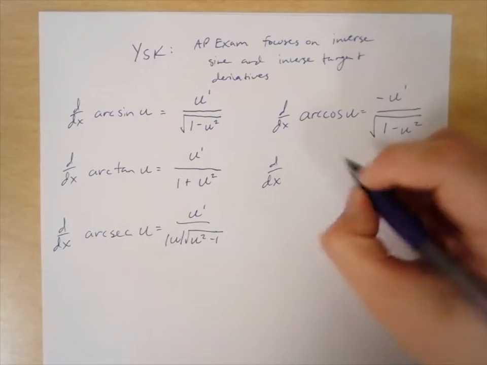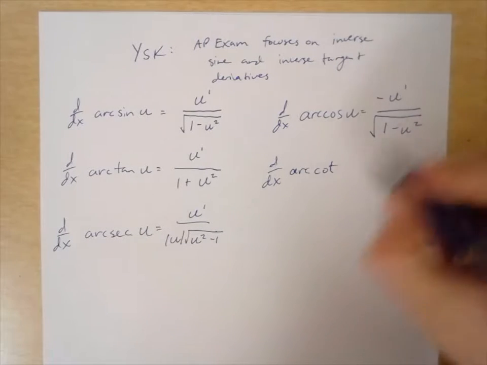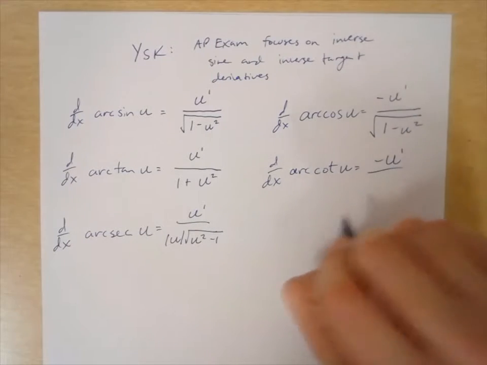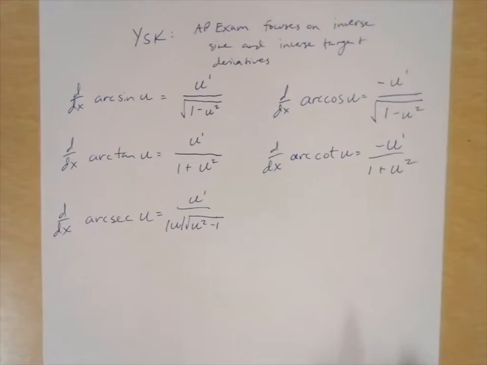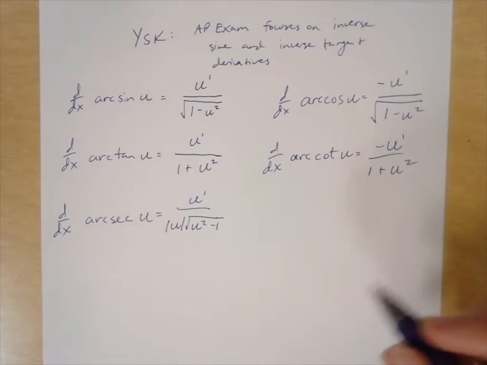So if you have the derivative of the inverse of cotangent, then we have negative u prime over 1 plus u squared. Again, notice the similarities between arctangent and arccotangent.